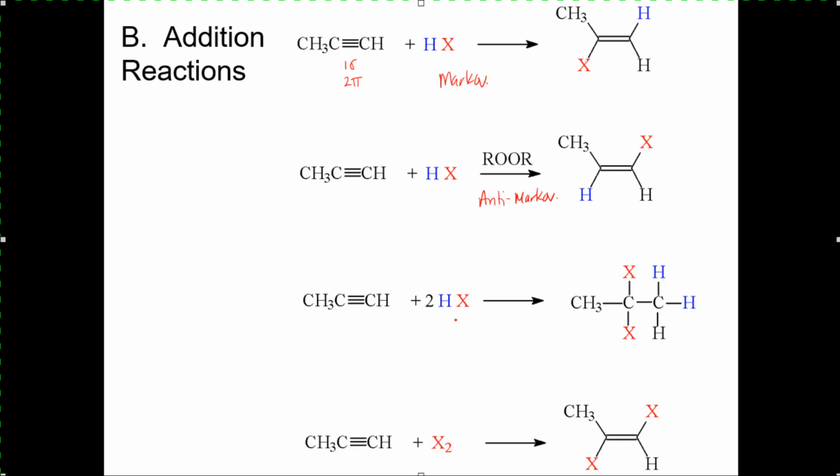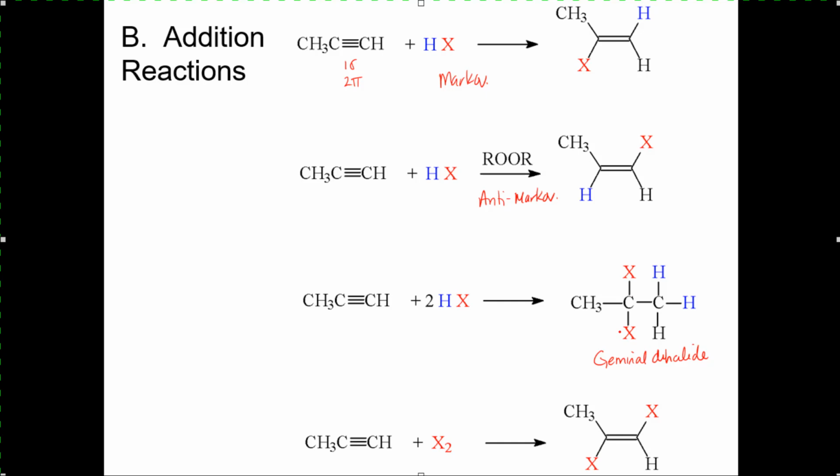We could add two equivalents of HX, both Markovnikov, in which case you would add HCl or HBr and then a second equivalent, so that you would end up with a geminal dihalide. In the last lecture video, where we talked about forming the triple bonds, in the synthesis we said that we could form a triple bond from a geminal dihalide.